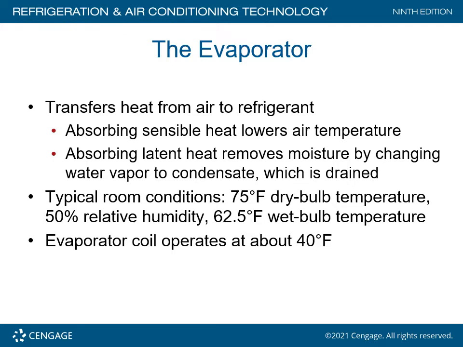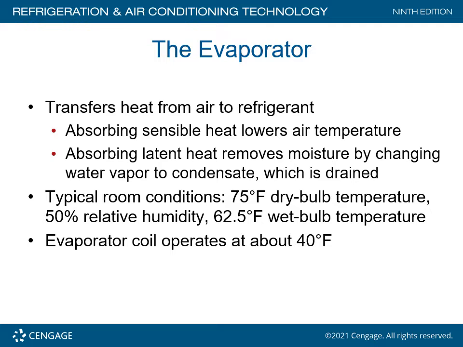Absorbing latent heat removes the moisture by changing the water vapor into condensate, which is drained. So in air conditioning, you are absorbing latent heat, which you cannot measure, and it will remove moisture by changing the water vapor into a condensate form, which is drained outside the structure or into your sewer system.